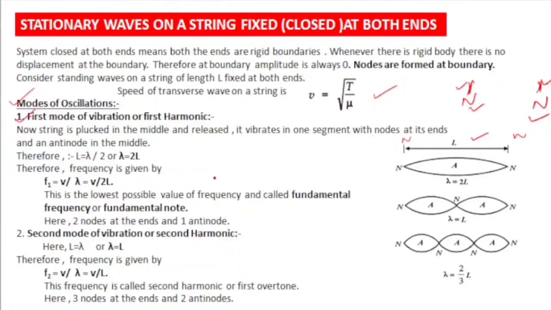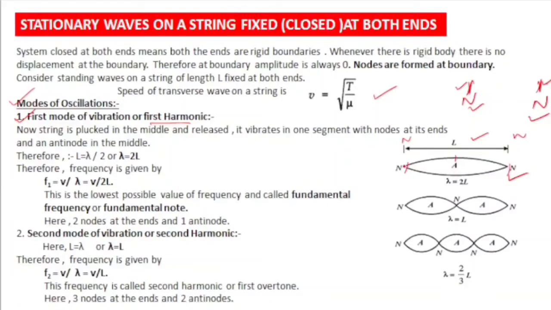First mode of vibration, or you can say first harmonic. For this, you pluck the string in the middle and then release it. What happens? It vibrates with nodes at its ends and one antinode formed in the middle. In this one, two nodes are formed at the ends and one antinode in the middle.